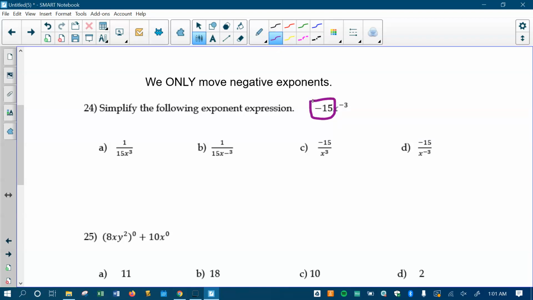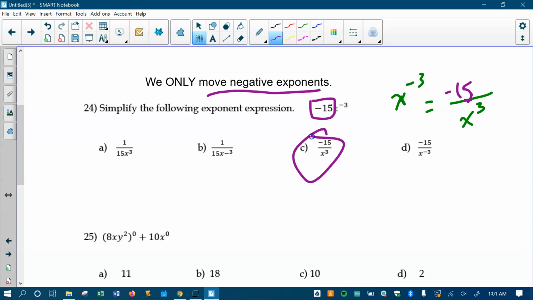So negative 15 is just going to stay, and I'm just going to deal with x to the negative 3. Negative 3, when I deal with that, ends up going to the bottom with a positive exponent. And I could put a 1 on top, but I also could put my negative 15 on. My negative 15 is not going to the bottom because it does not have a negative exponent. So my final answer should be C.